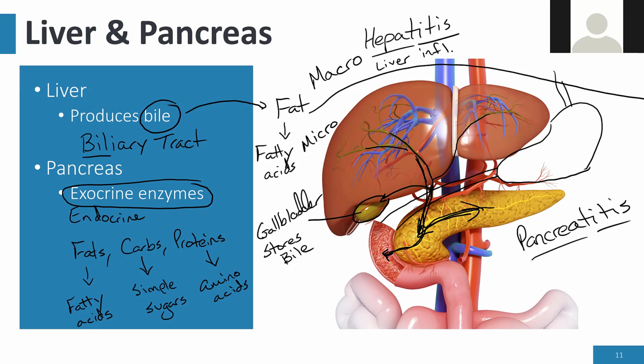But an easy way to think about it is those organs are actually connected. They have this little network of pipes for the enzymes and the bile that meet up to go into the small intestine. Those serve as a connection point between those two organs, so they're very interrelated along that standpoint. Cool.